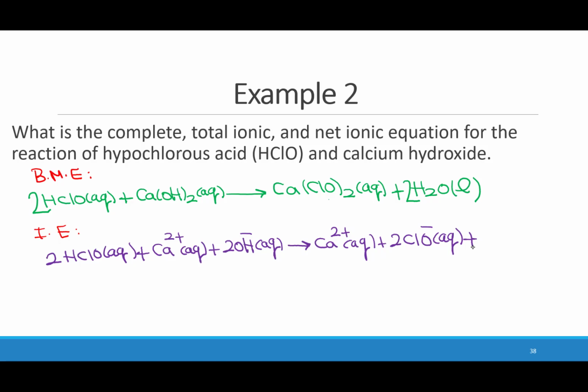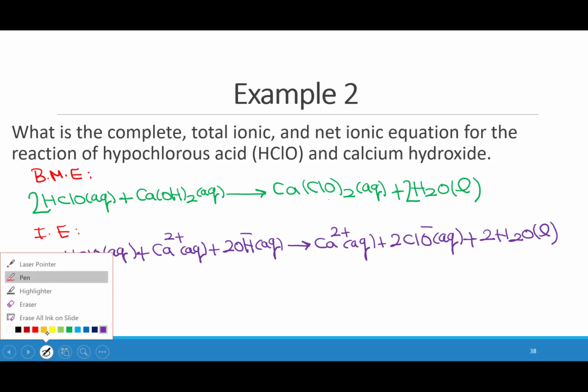Now let's see the last one. Water in liquid state remains unseparated. Just remains as is. Then this is your ionic equation for this reaction. Now let's look at the spectator ions.